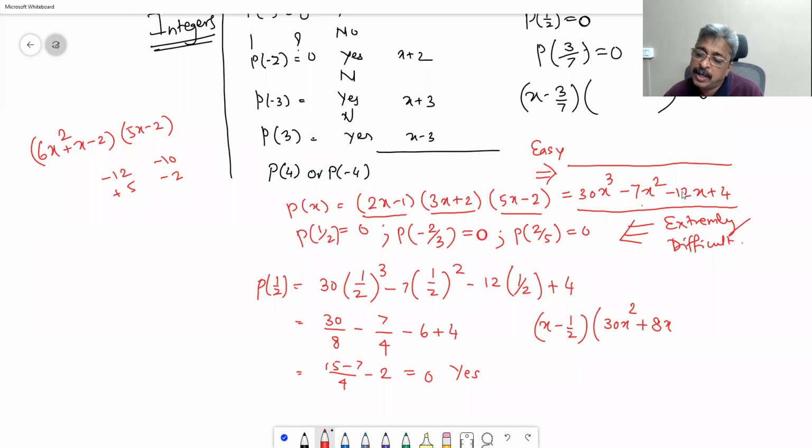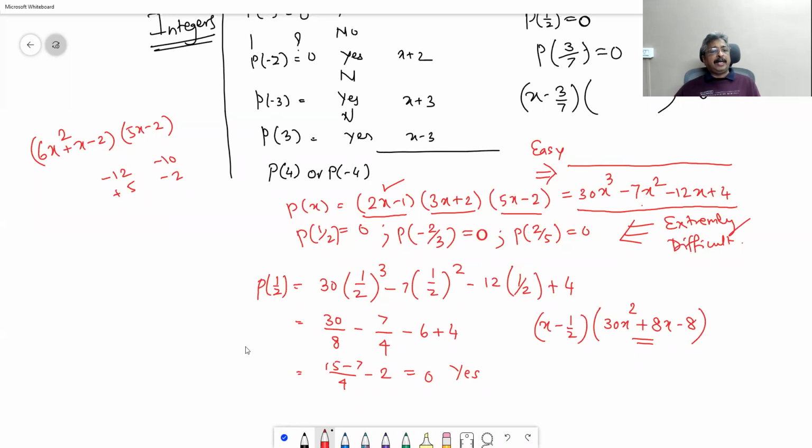I want minus 12. So I want additional minus 8x. Is it going right? Minus 8x minus 4x minus 2x. Correct. And then minus 8 into minus half is 4. So I got the second factor. And after I get the second factor, I should be able to factorize this using quadratic. Now you can see that 2 will come out and it will go here and it will make 2x minus 1. That is what this factor is.